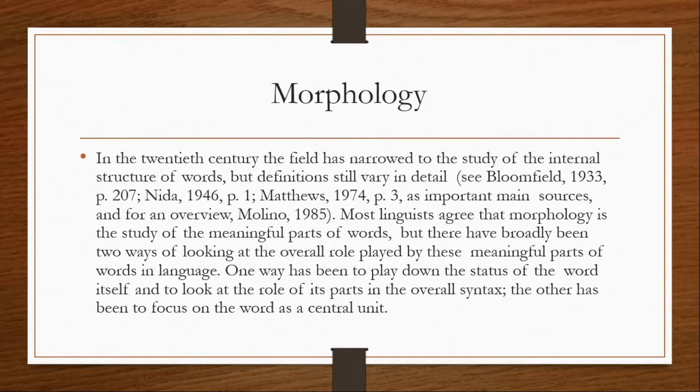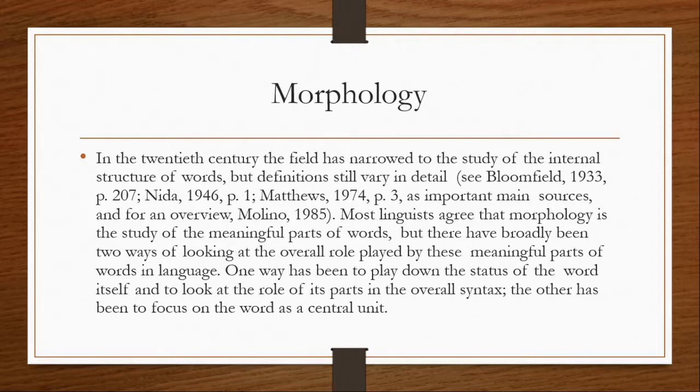In the 20th century, the field has narrowed to the study of the internal structure of words, but definitions still vary in detail. These are some important sources: Bloomfield, Nida, Matthews, and Molino. You can refer to them for understanding what morphology is.